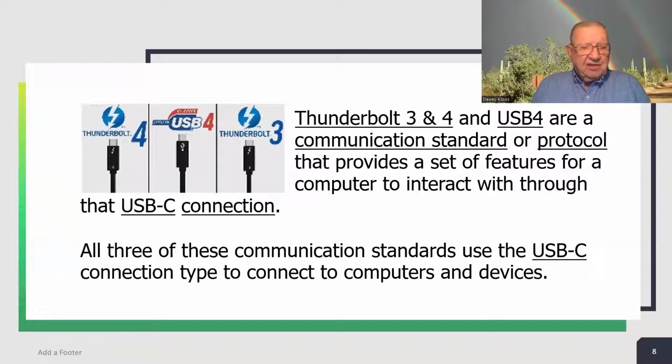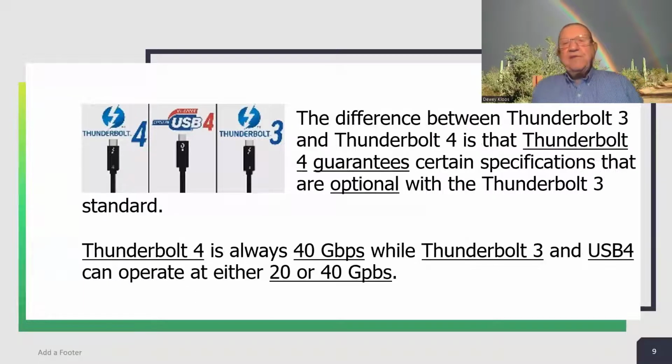And of course, you see them demonstrated in the graphic at the upper left. The difference between Thunderbolt 3 and Thunderbolt 4 is that Thunderbolt 4 guarantees certain specifications that are optional with the Thunderbolt 3 standard.